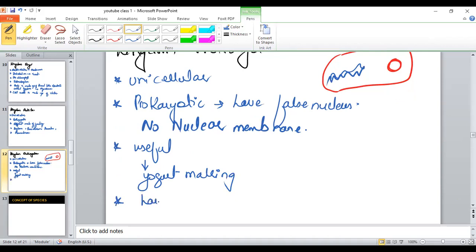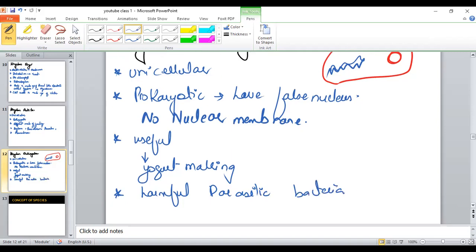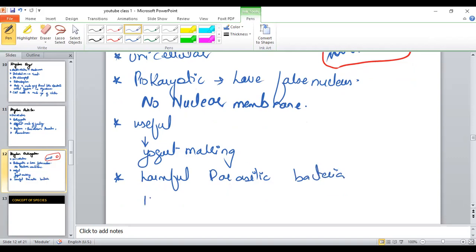Some are harmful, which are called parasitic bacteria. Examples of parasitic bacteria are those which can cause tuberculosis and cholera. So these are the harmful bacteria that can cause disease.